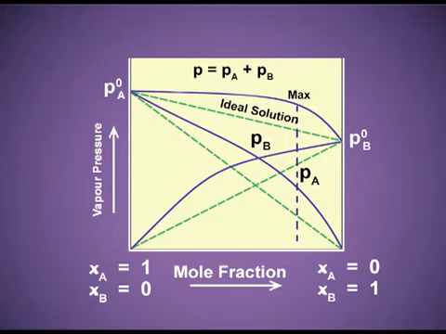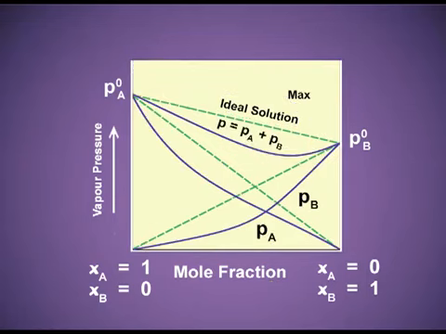This is for the solutions showing positive deviation. This is the graph for the solution showing negative deviation. Again, you can see that the dotted straight lines are for the ideal solution, but for the solution showing negative deviation, the curves are downward. I hope you have understood the ideal and the non-ideal solutions.